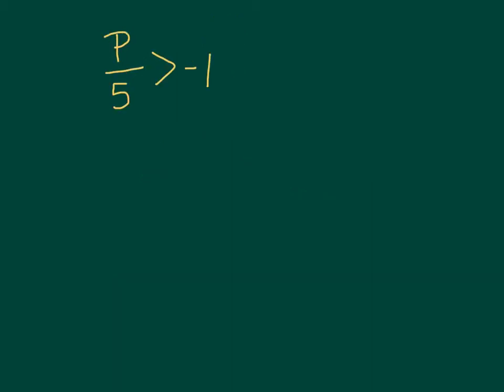Okay. All right, next one. P divided by 5 is greater than negative 1. So I'm going to multiply by 5. I'll multiply the other side by 5. Those cancel. I'm left with P is greater than. Now, we have a negative 1 here, but look at what you did to both sides. Did we multiply both sides by a negative? And the answer is no, so you keep your sign. The only time you flip your sign is if you multiply or divide both sides by a negative. Okay, so negative 1 times 5 is negative 5. Draw my number line.